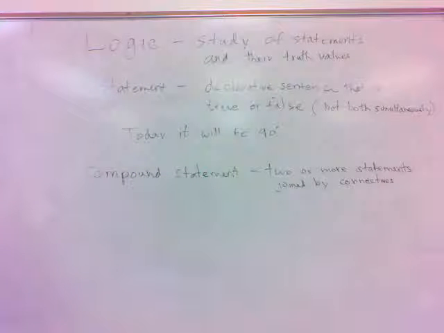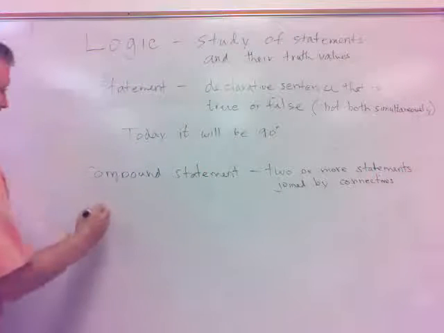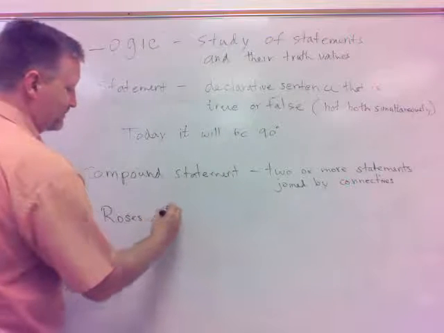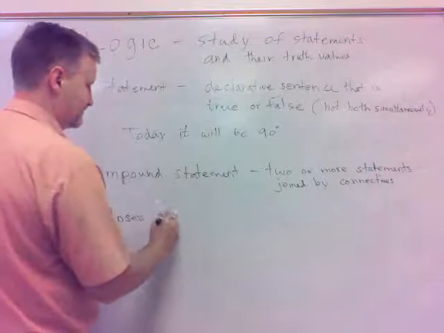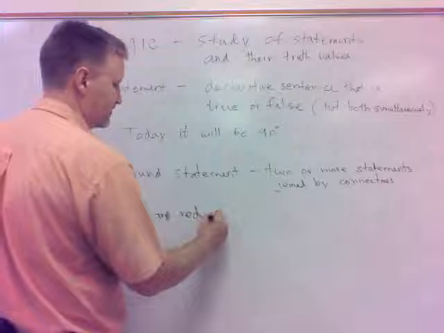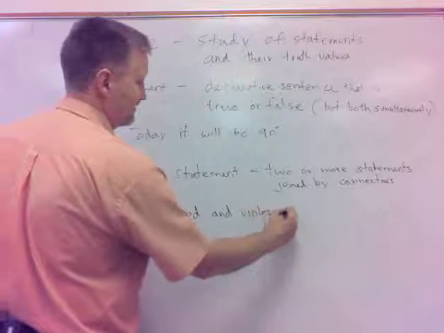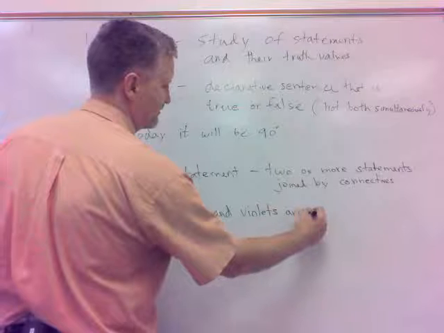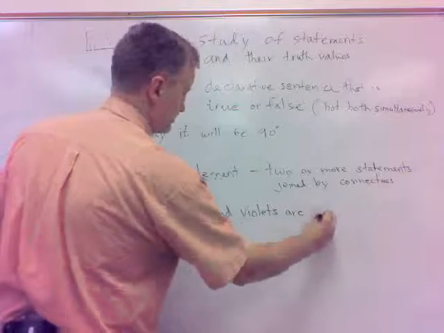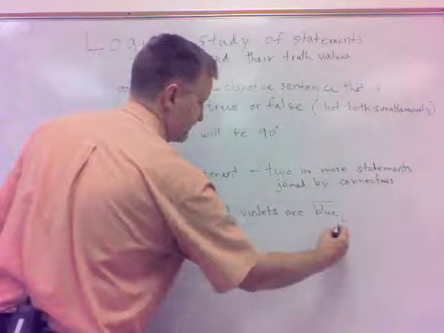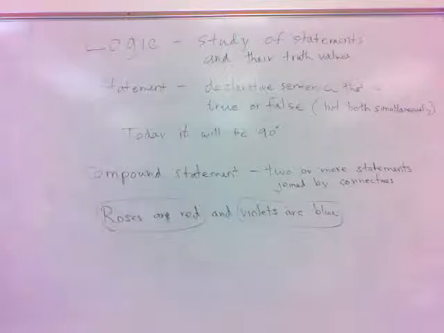A real good example of that would be the famous statement, roses are red and violets are blue. Well, that's two statements, isn't it? Roses are red and violets are blue. Two distinct statements, and they're joined together.